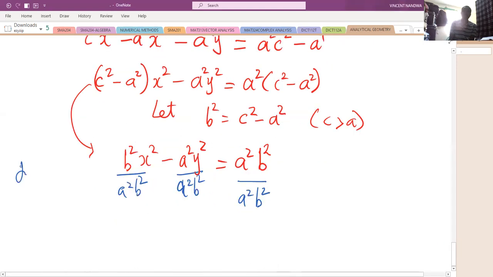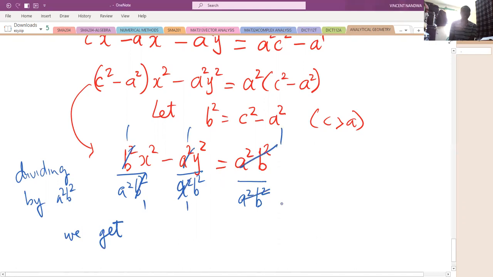So dividing by a squared b squared, we get, you see this and this will cancel out, this and this will cancel out, and then this will give us 1, this will give us 1. So it'll be x squared over a squared minus y squared over b squared equals 1.